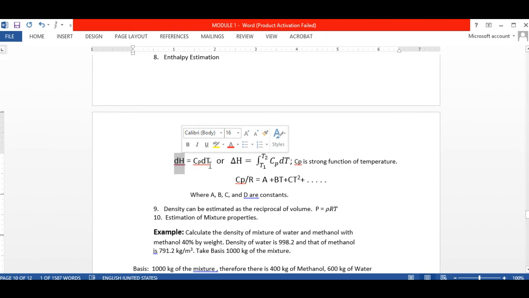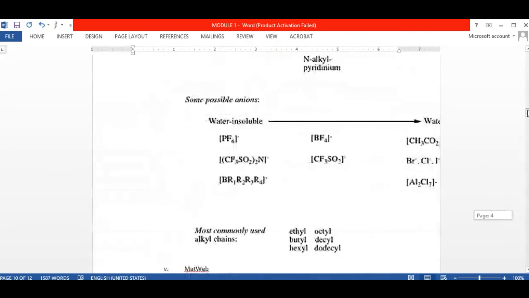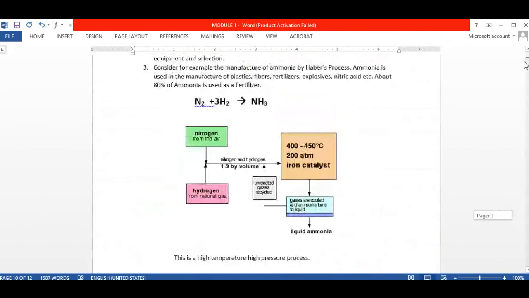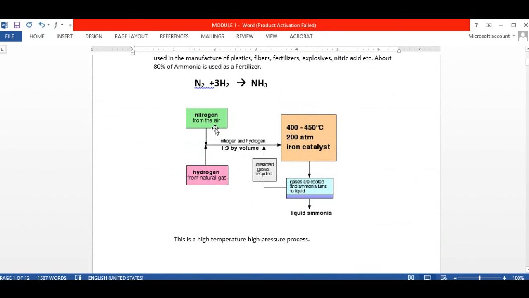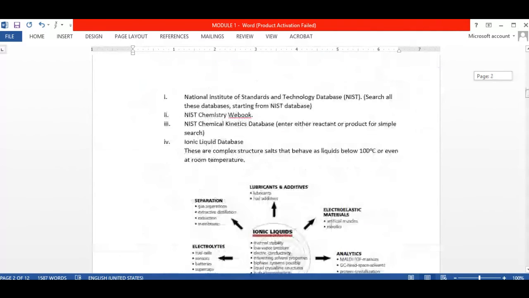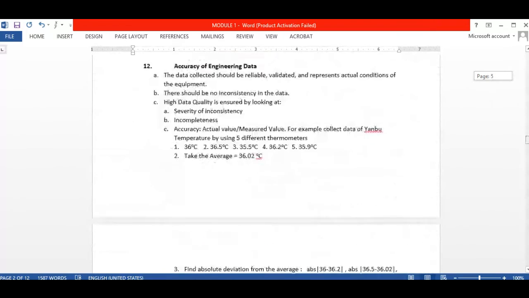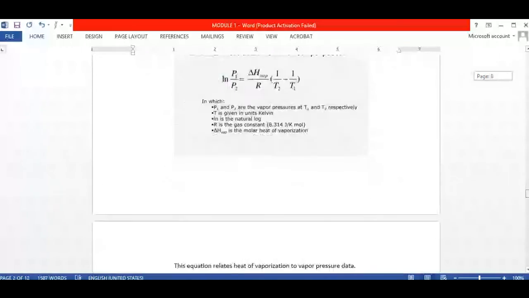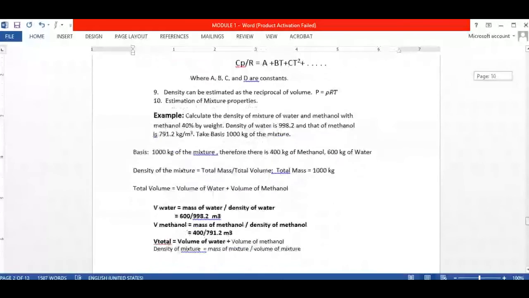Going back here, nitrogen and hydrogen are at room temperature, but I need to increase their temperature to 400 degrees for the reaction. How much heat do I need in the reactor or in the heat exchanger? If I go down, this equation will tell you.